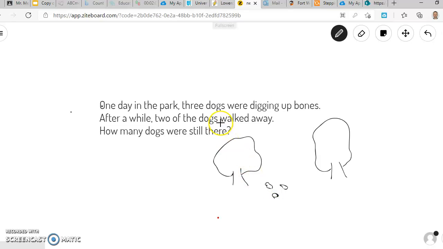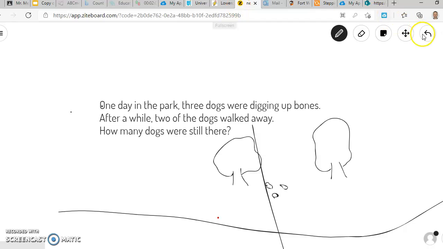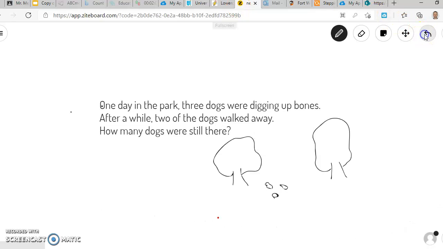And then the word problem said, after a while, 2 of the dogs walked away. They walked away. So what does that mean? Do you think that's going to be taking away or adding to? All right, that's right. If you said to take away, and that word away kind of gives me a clue, you are correct.